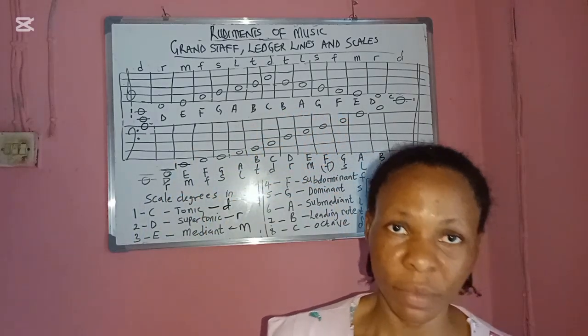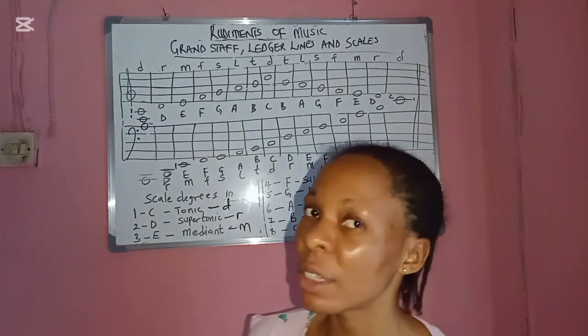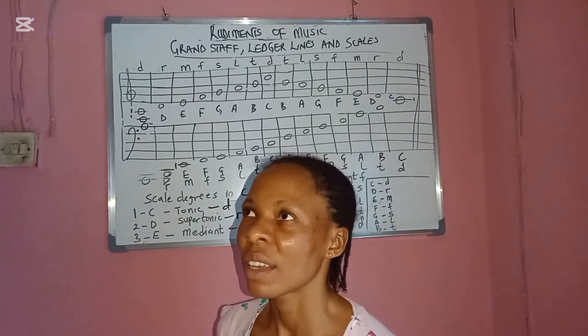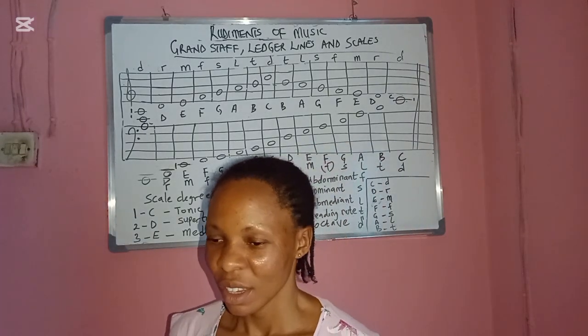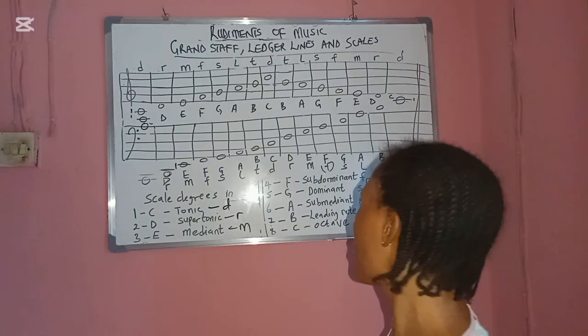You get it? So that is the scale degree, and you really need to learn it, because I've seen such questions in the grades exam. This is why I'm bringing it now.